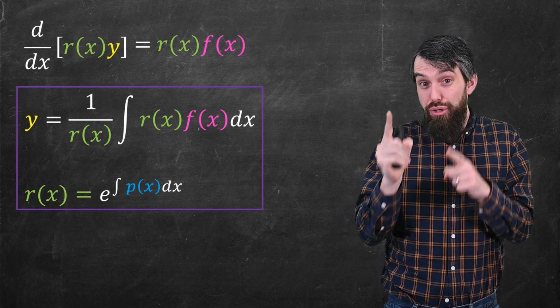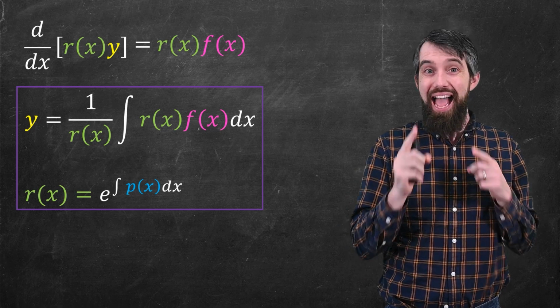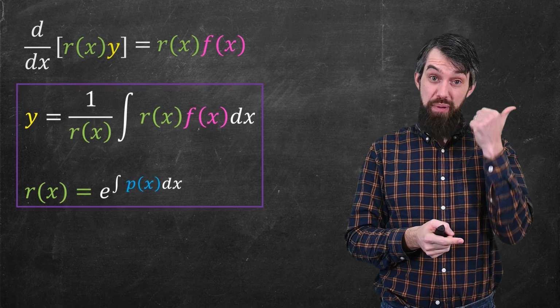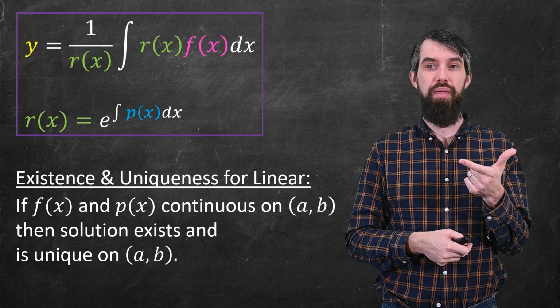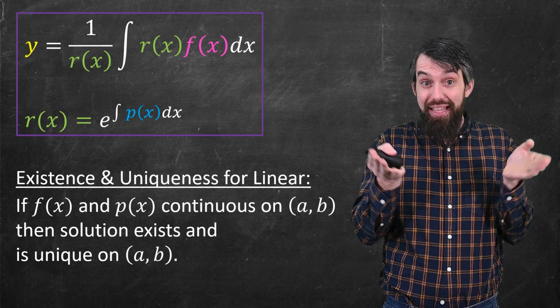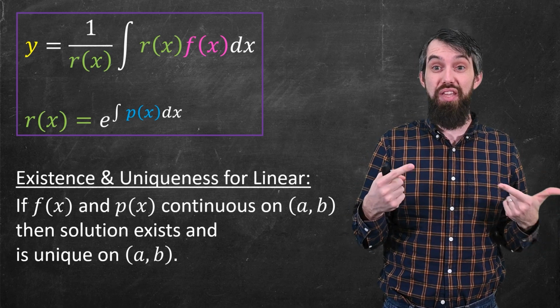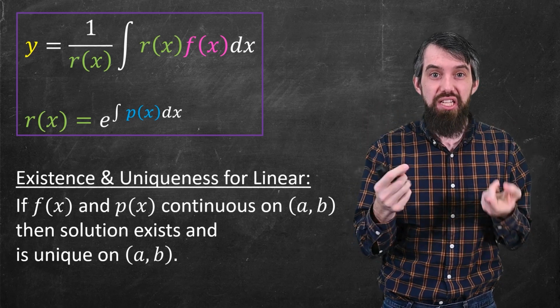So as long as you can do those integrals, you get a solution. That is, I have the following existence and uniqueness theorem. It says that if f of x and p of x are continuous, which is sufficient for me to be able to integrate them, on some interval a, b, then wherever I can do the integrals, I get a y. And it's not just existence, it's a unique solution.